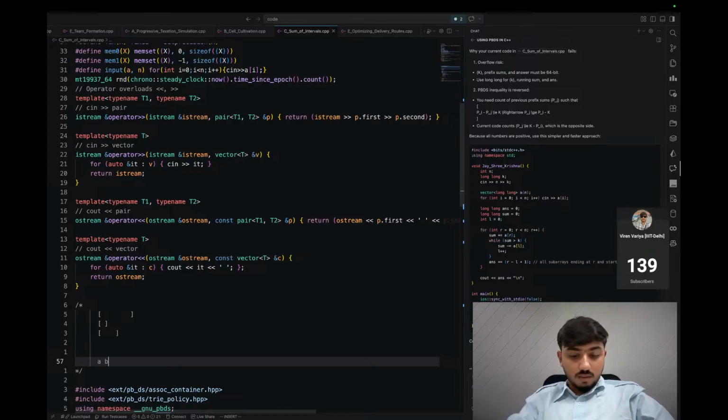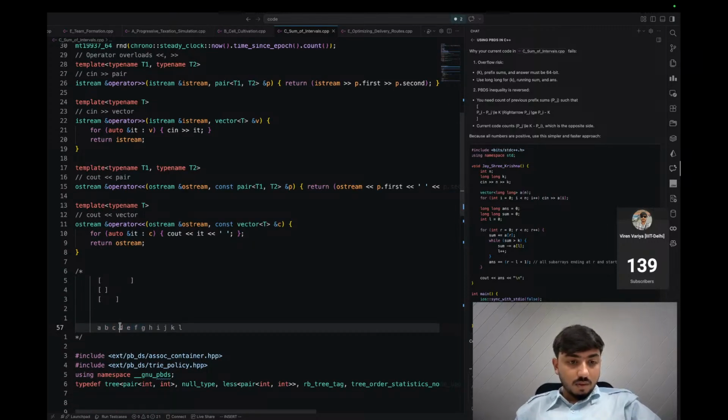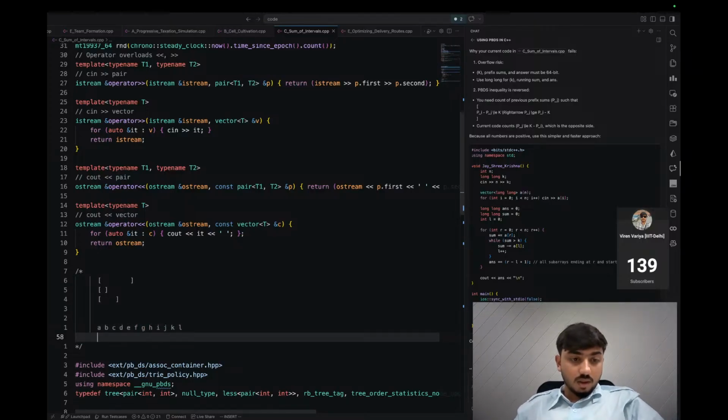So what I am trying to say is, see, we have A, B, C, D, E, F, G, H, I, J, K, L, right? We know the sum of this subarray is k. Then of course the sum of this subarray is less than k. Like all the prefix, if you remove this, you get it, right?